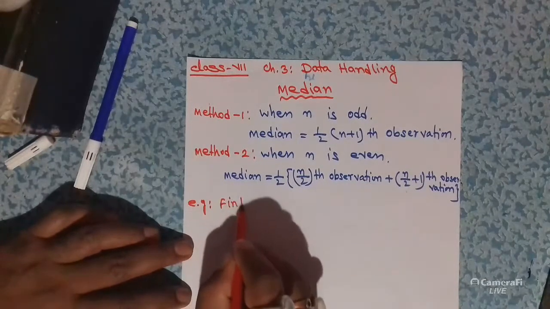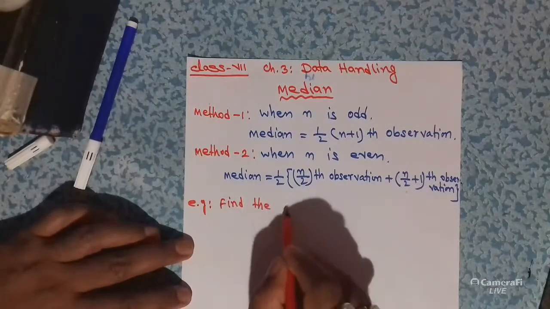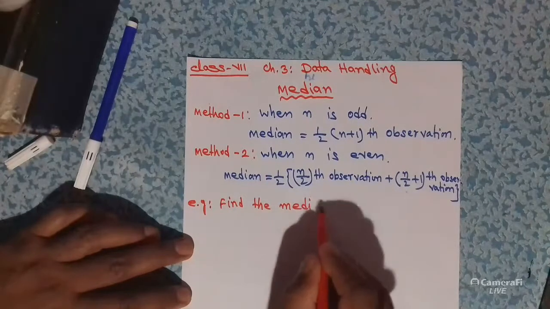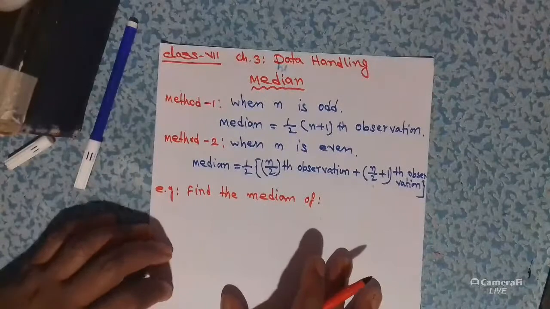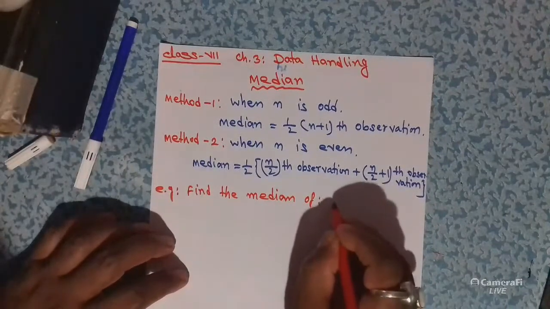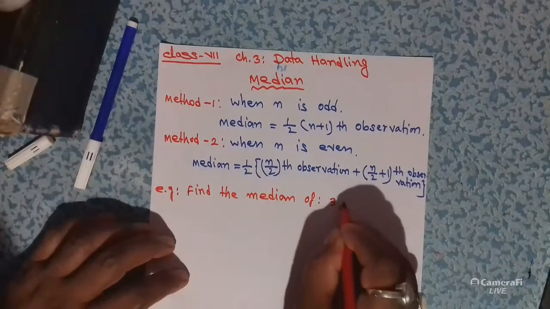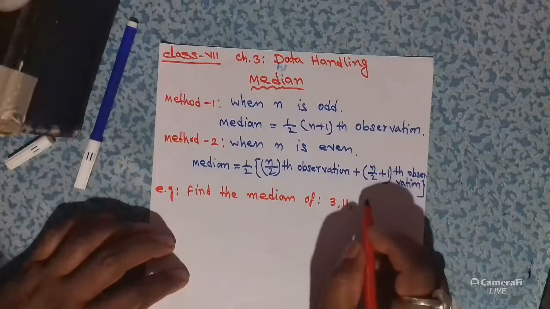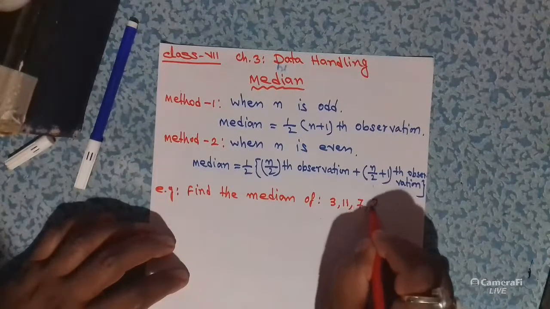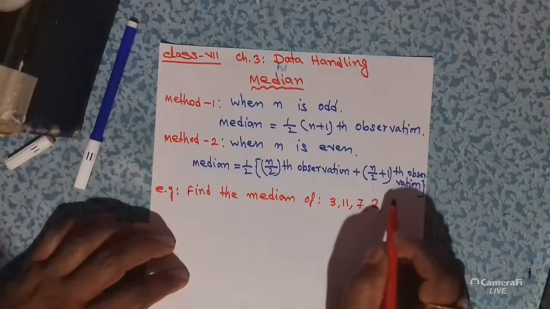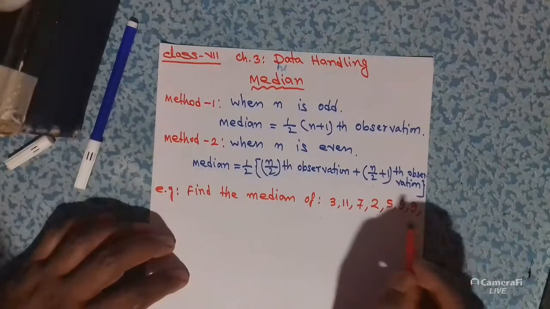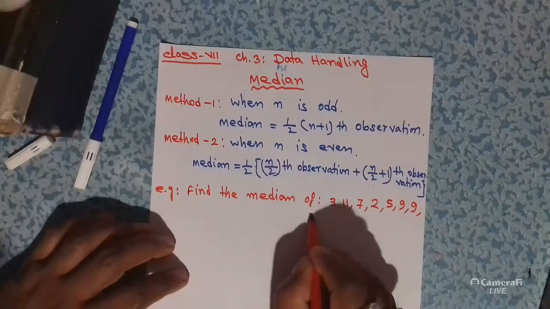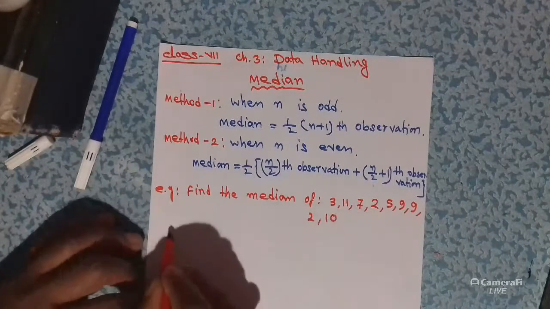Find the median of 3, 11, 7, 2, 5, 9, 2 and 10.